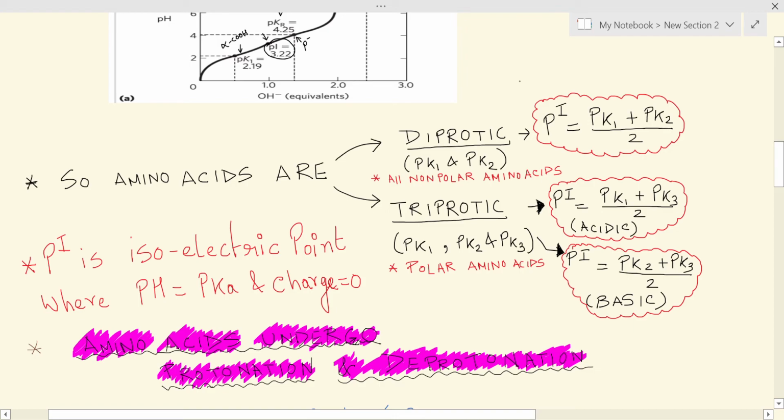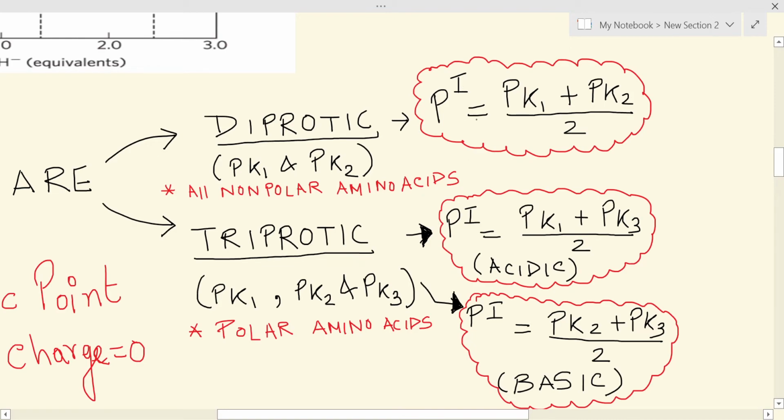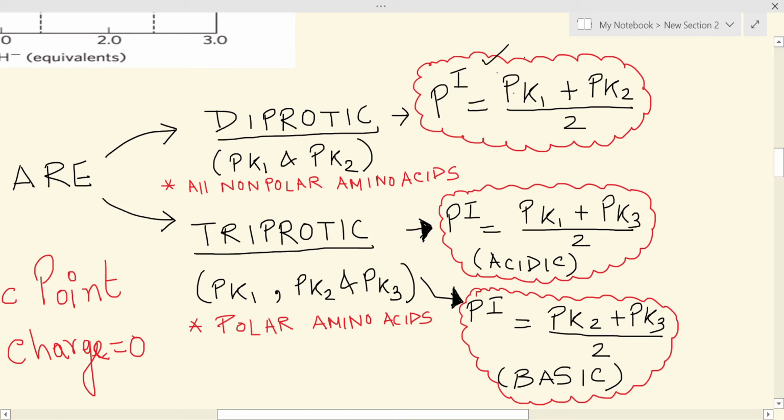To calculate the Pi value in the case of a diprotic amino acid, we use this formula: pK1 plus pK2 divided by 2, that is, taking the average of the two pK values. In the case of a triprotic amino acid, the Pi value is calculated as pK1 plus pK3 divided by 2 for acidic amino acids such as glutamic acid and aspartic acid.